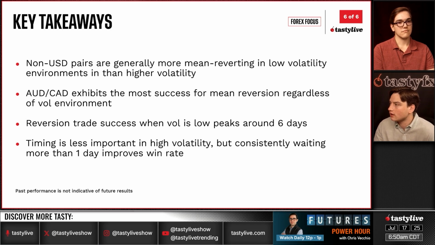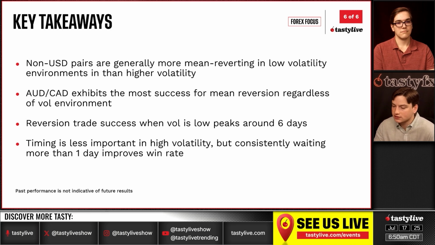Australian dollar, Canadian dollar becomes the outperformer in this group, posting as much as 70+% win rates for some of these trade criteria. And regardless of low or high volatility environment, some of these mean reversion trades can take multiple days for greatest success.